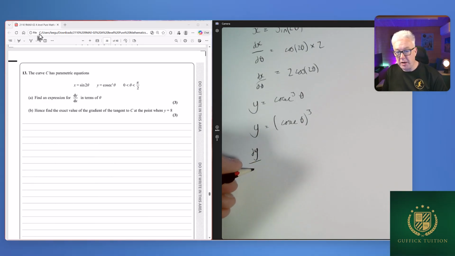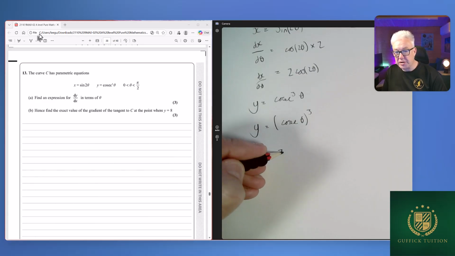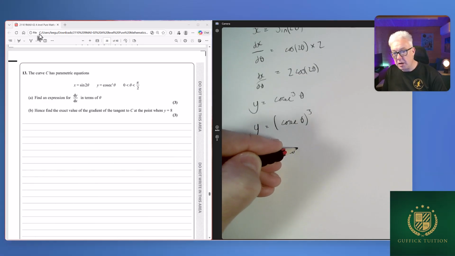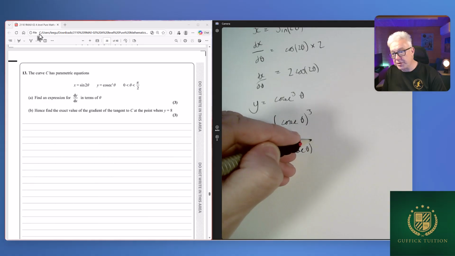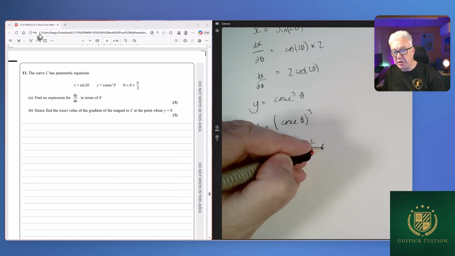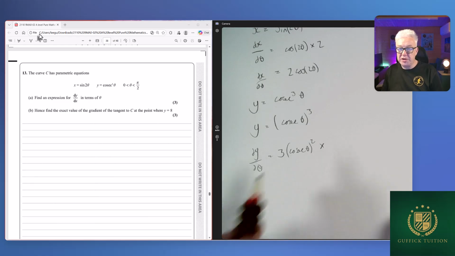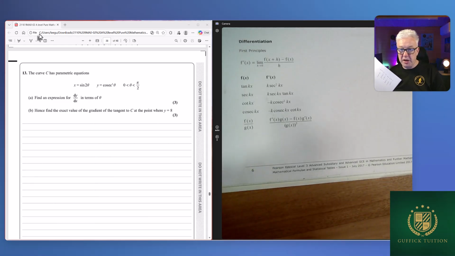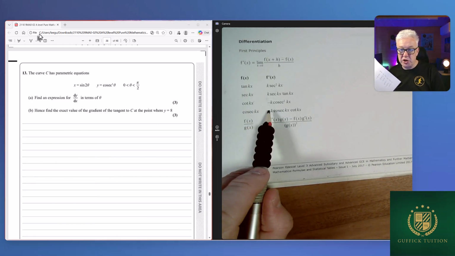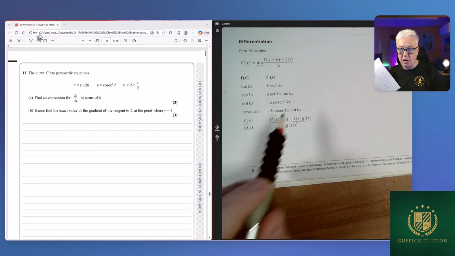So dy by d theta is going to be, we differentiate the outer function, so that's going to go to 3 cosec theta all squared. And then using the chain rule, we need to times that by the derivative of the inner function, which is the derivative of cosec. And we can see that cosec differentiates into minus cosec cot.